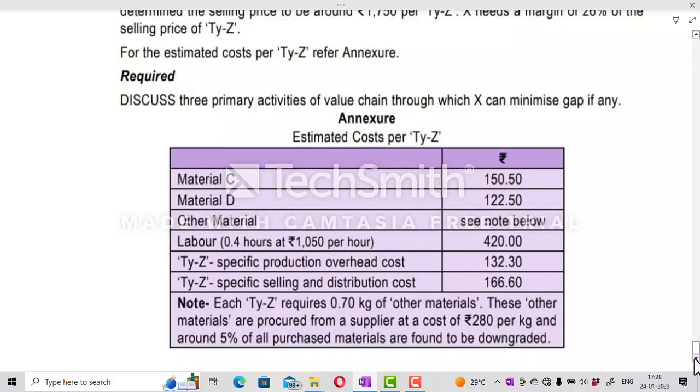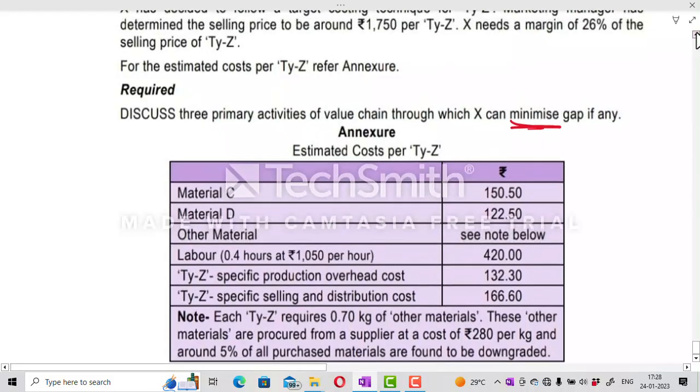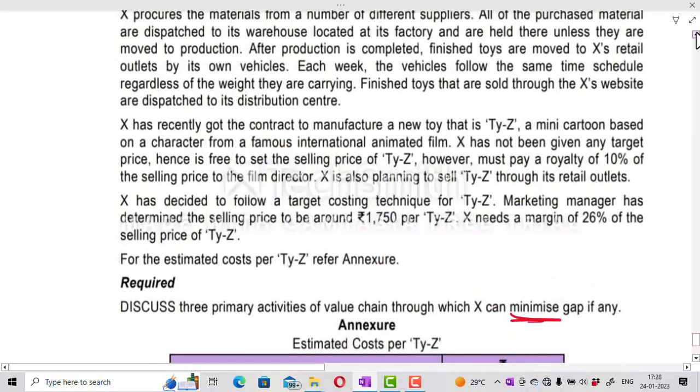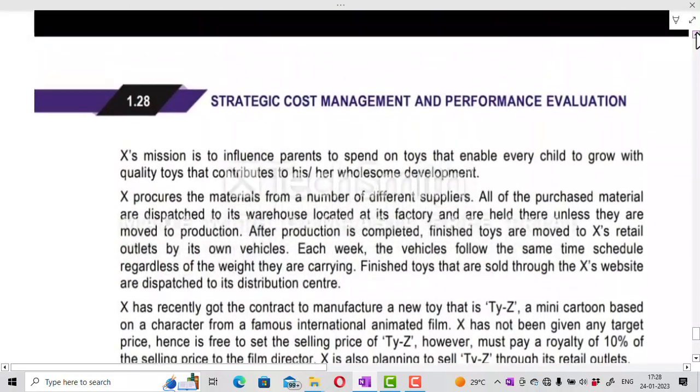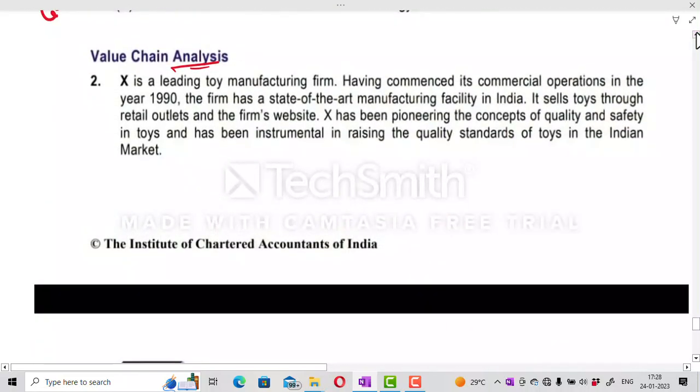So while reading the question, we need to divide the entire process into primary activities so that we can easily answer the question. Okay, and they are asking to minimize the gap also. Means in case of any cost required and cost actually incurred, if there is any gap, we need to reduce that.